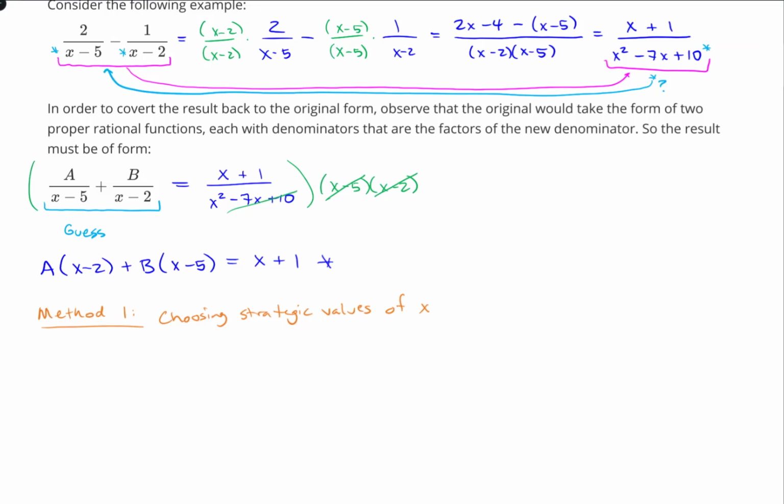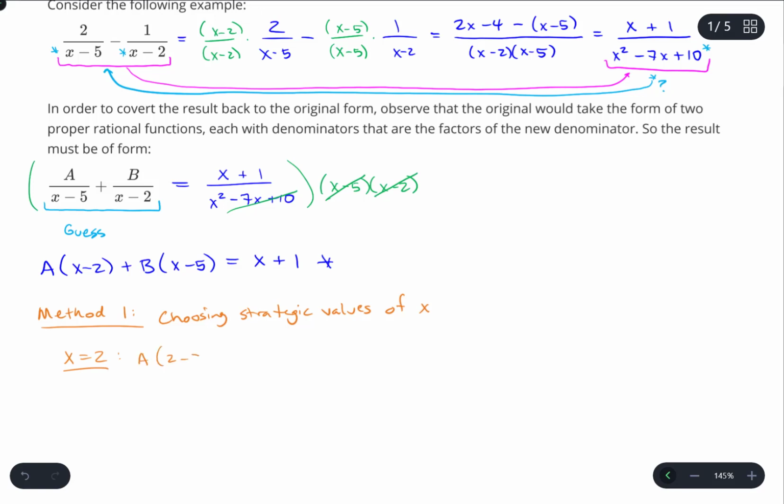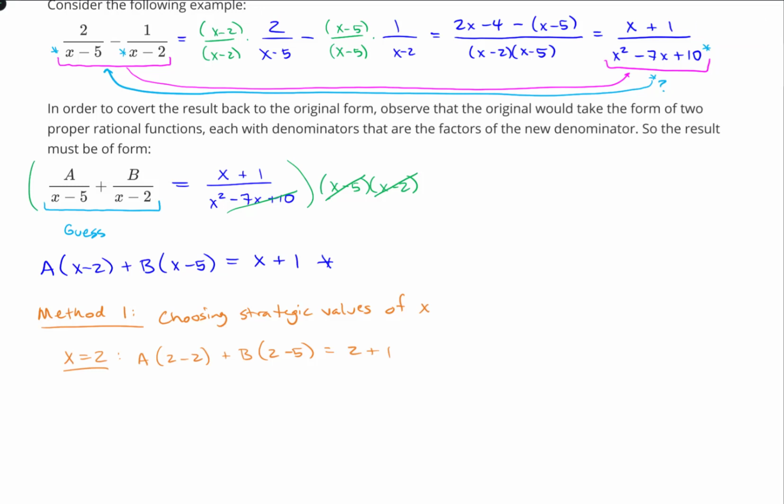Okay? And what I mean there is, so if I let x equal 2, then I would end up with A times 2 minus 2 plus B times 2 minus 5 equals 2 plus 1, which can simplify some. And 2 minus 2 would be 0, and anything times 0 is just 0, so this whole term goes to 0. 2 minus 5 is negative 3, so this would be negative 3 times B.